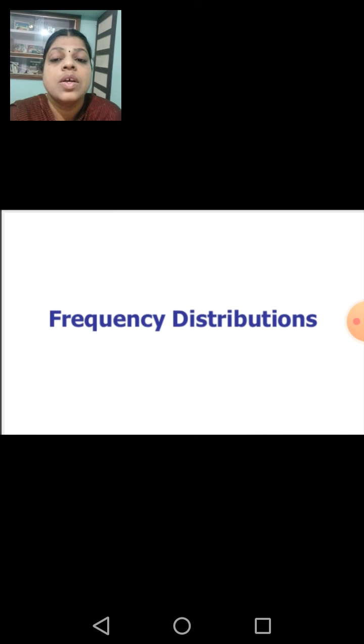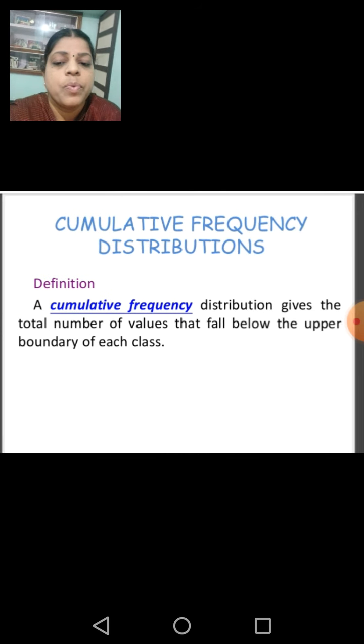In this module, we'll discuss the cumulative frequency distribution, which is also related to frequency distributions. Here we can see the cumulative frequency distributions.